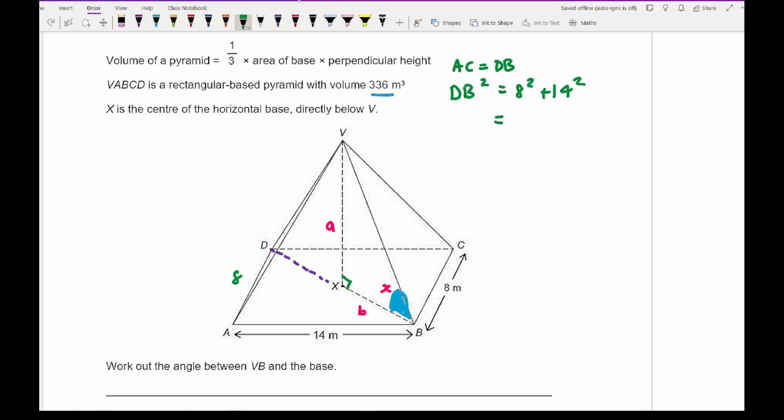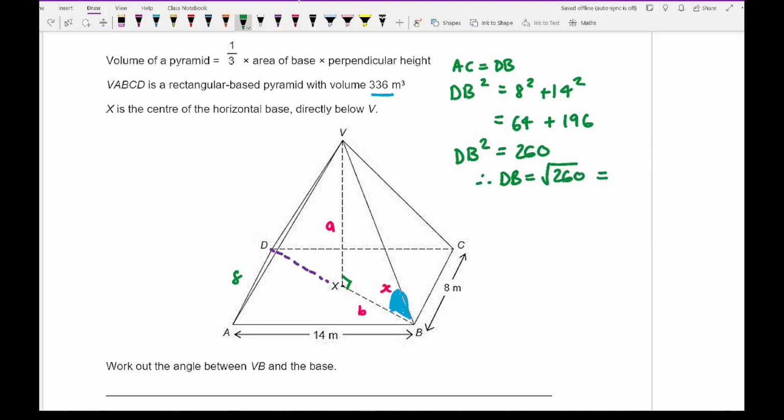Working that out, it's 64 plus 196, which gives 260. So DB squared equals 260, therefore DB equals the square root of 260.